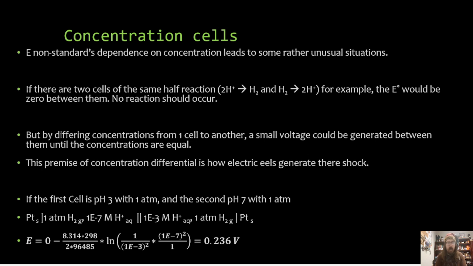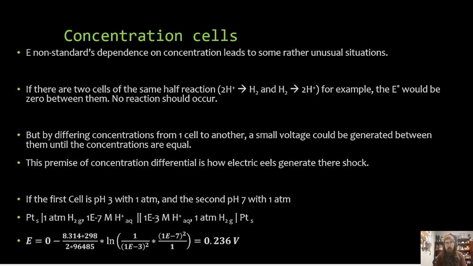But if you have a difference in concentration between the two of them, you're basically trying to reach equilibrium. You're trying to reach the half reaction where the concentrations are essentially the same. It's kind of like osmosis, but it's separated by the salt bridge and the wire.